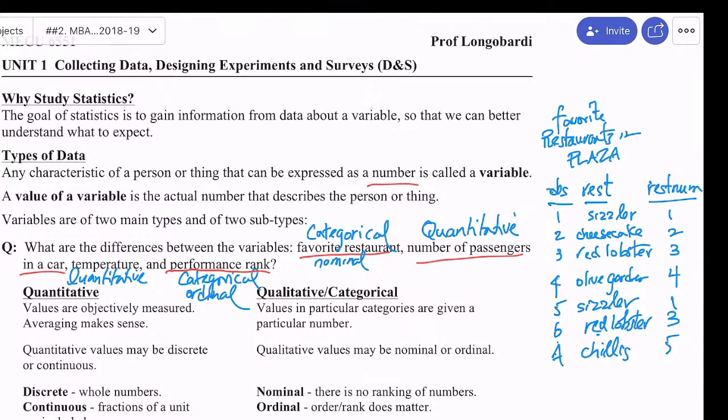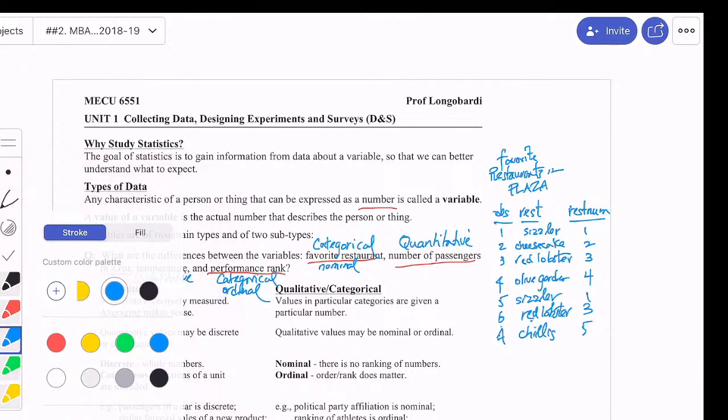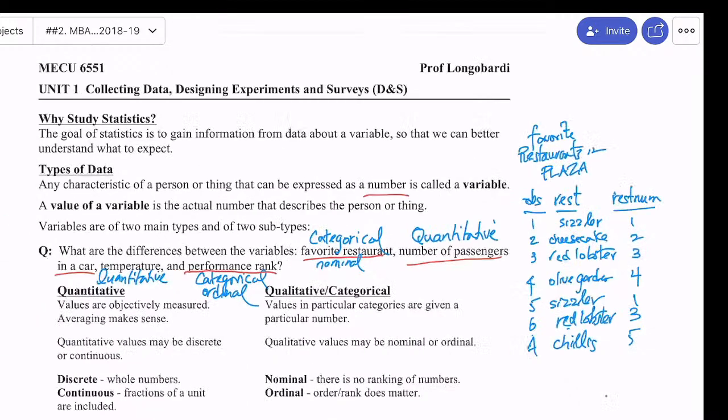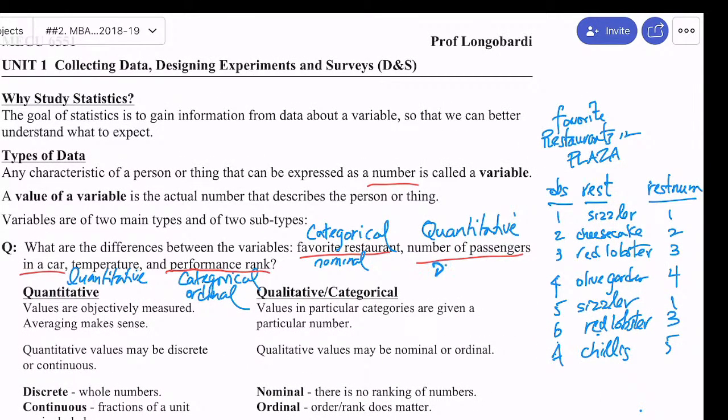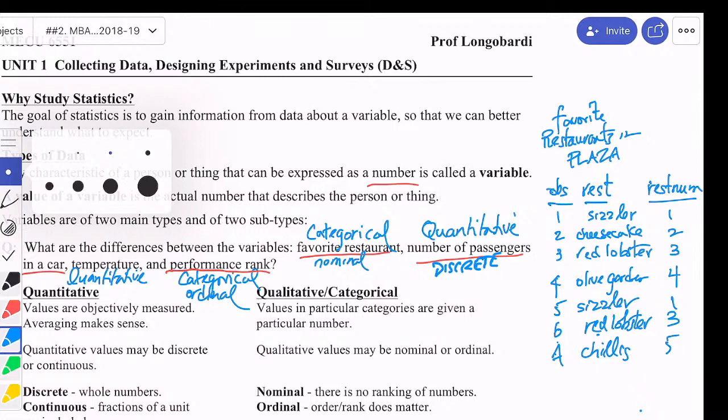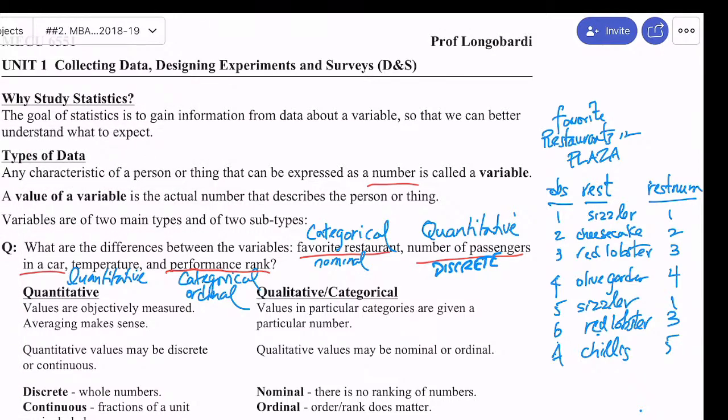The value of the number of passengers is between 1 and however many people fit in a vehicle. So the word that we use for that is discrete. And the word that we use for this one is continuous. I'm going to fit it in here.